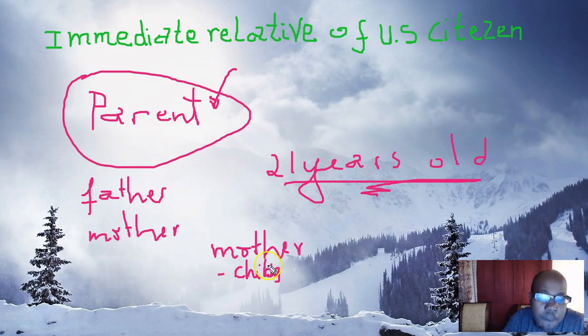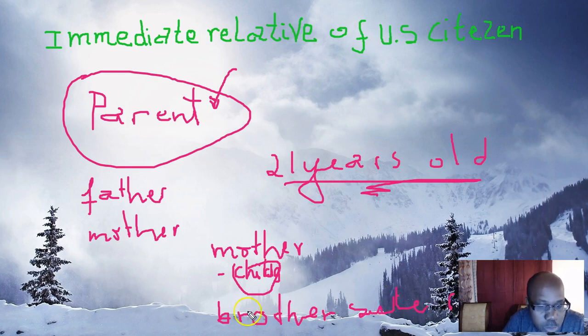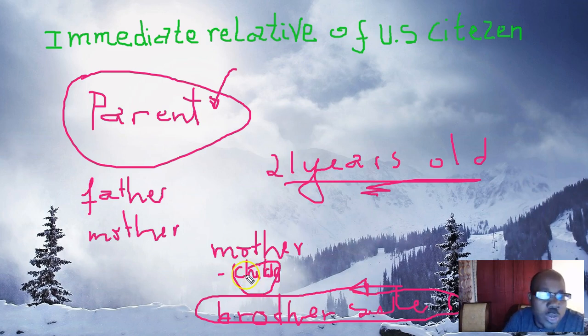No, that's not possible, because the child of your mother or father is your brother or sister, and the law gives you the right to apply for your brother and sister. It's going to be another category. Brothers and sisters are not immediate relatives. You can still file for them, but we will talk about it. That's why you cannot just say, "I'm filing for my mother, just let me put a child of my mother in the application."